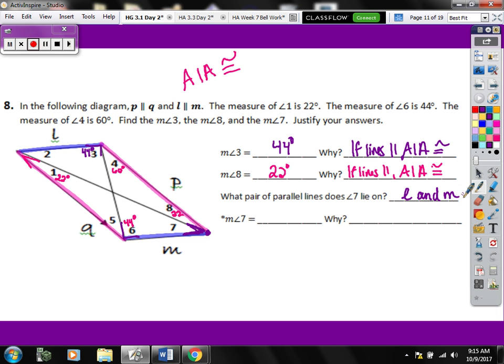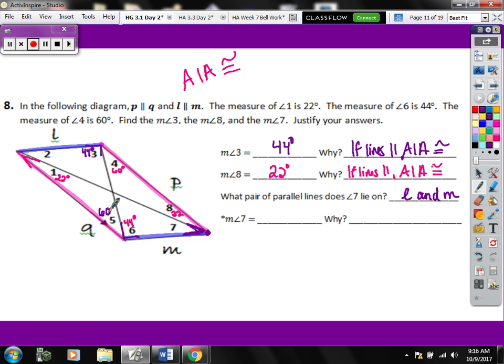So we have to find the measure of angle 7. How are we going to do that? We didn't use the 60 yet, right? Where could I copy and paste the 60? What other angle has to be 60 degrees? Brett? 5. Right?